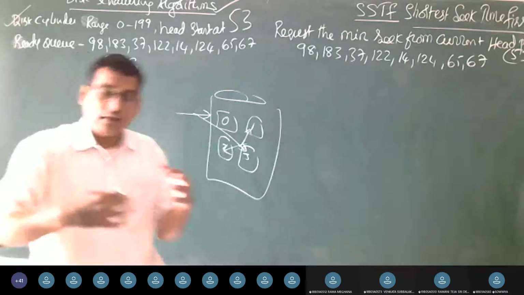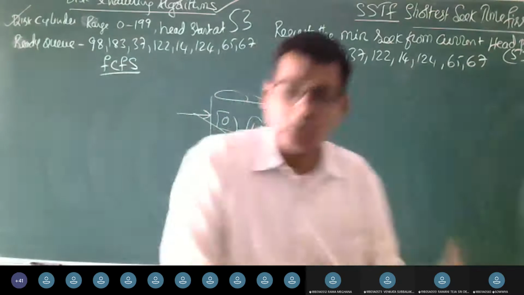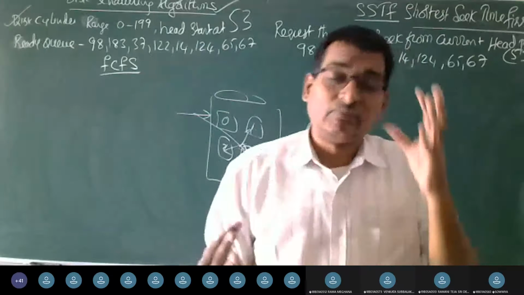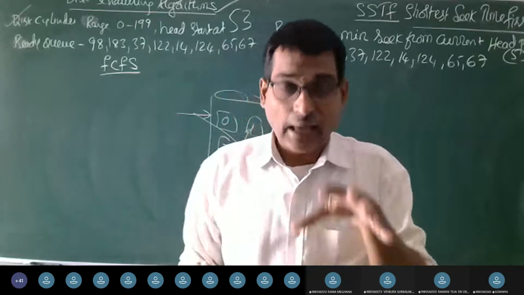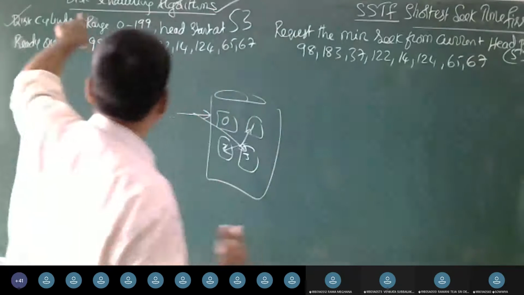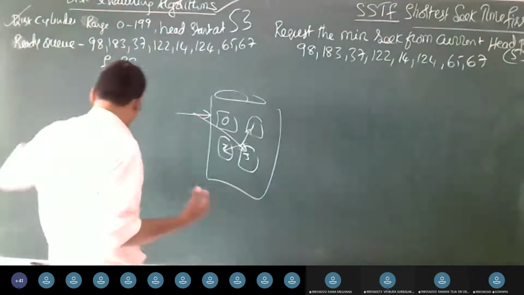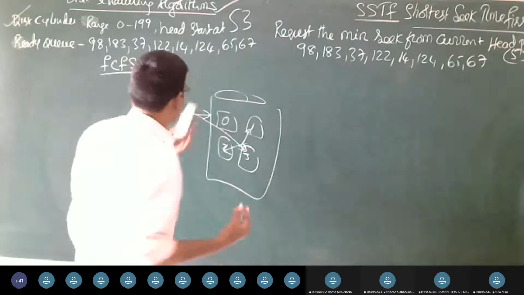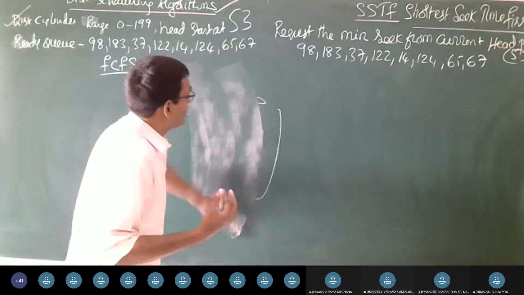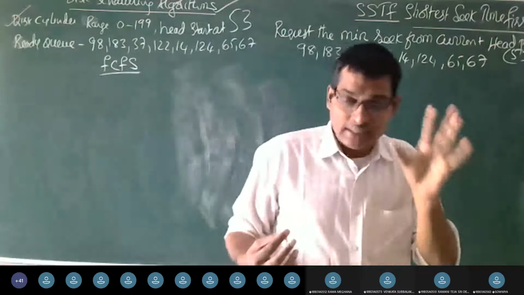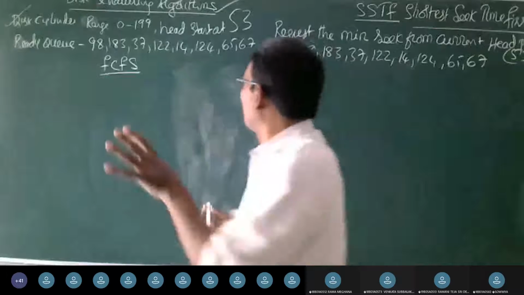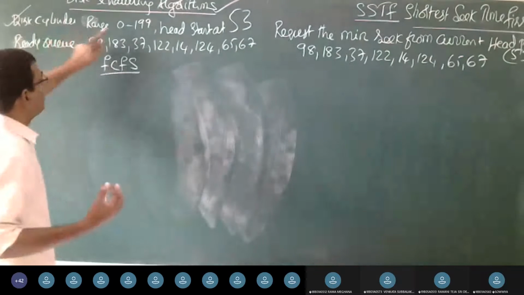How a disk moves from one location to another has to be interpreted in a map, and those algorithms we call disk scheduling algorithms, which take up the items in the form of cylinders.